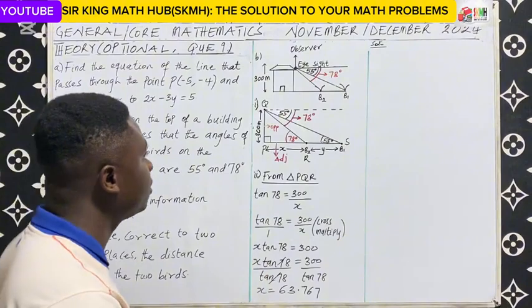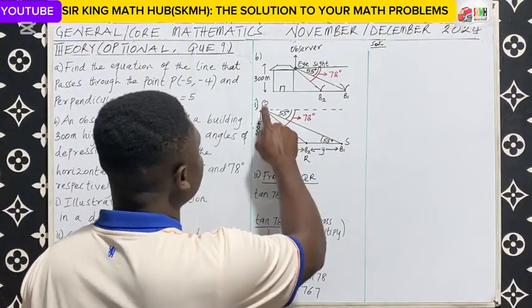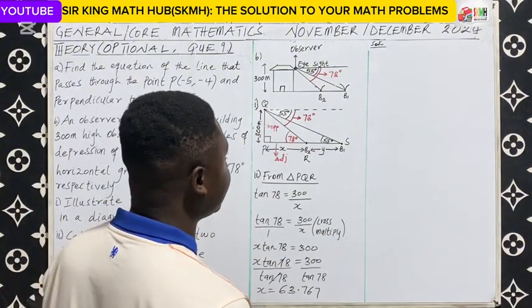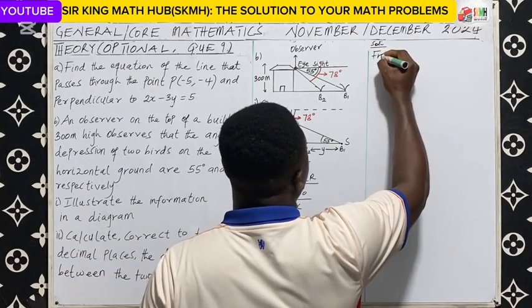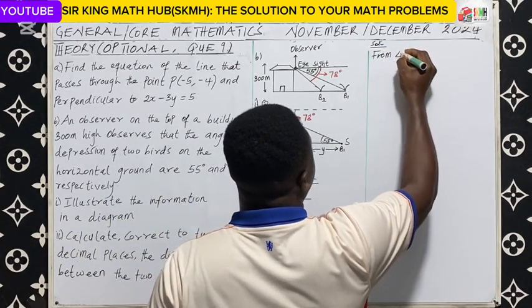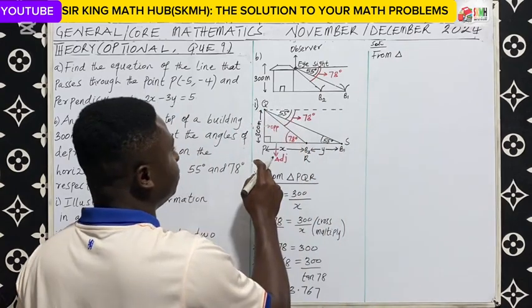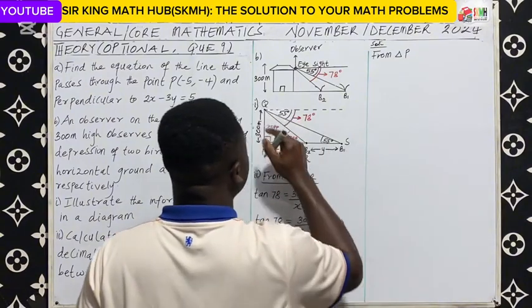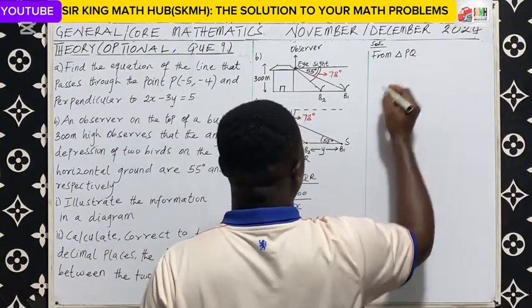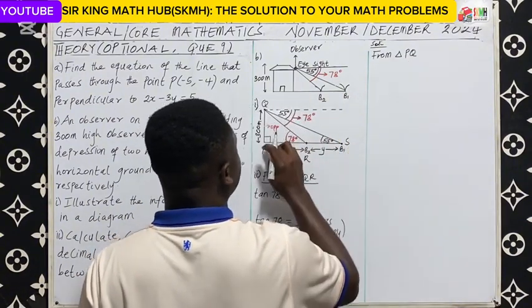Now, can we also look at the bigger right angle triangle, triangle PQS?